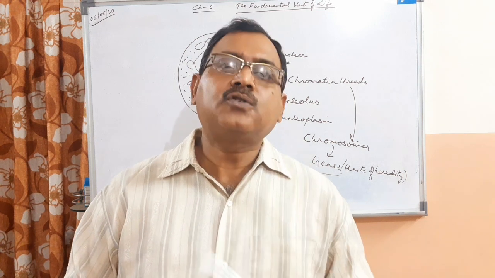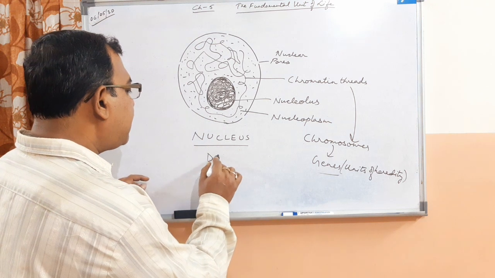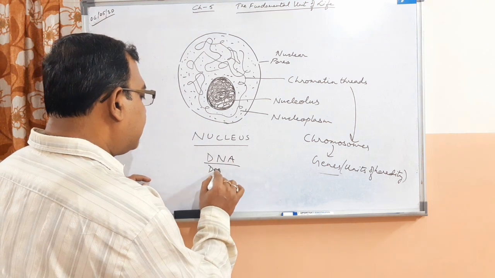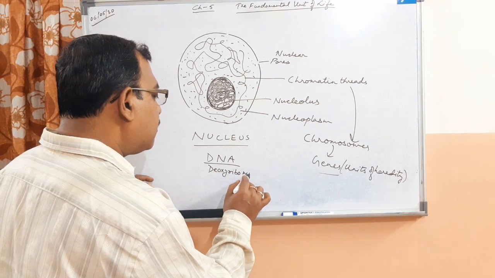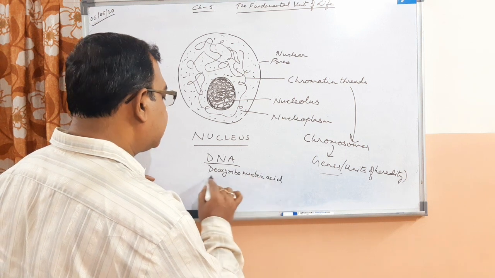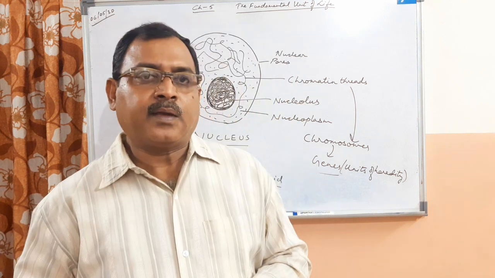Now these chromosomes are made up of DNA, deoxyribonucleic acid. Clear, children?